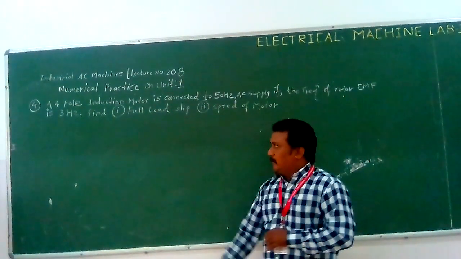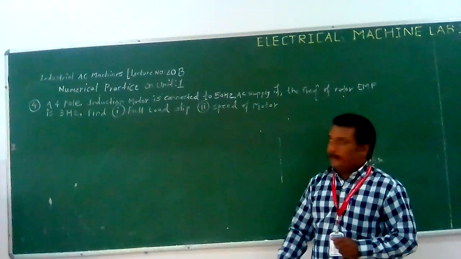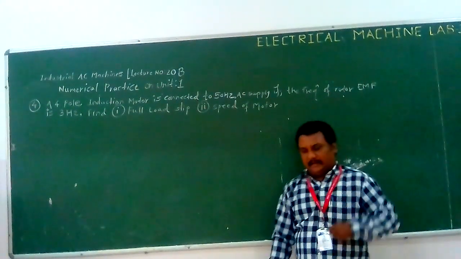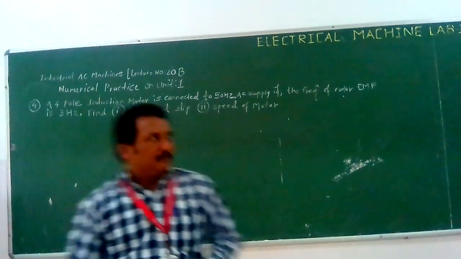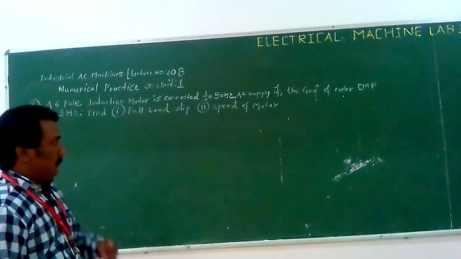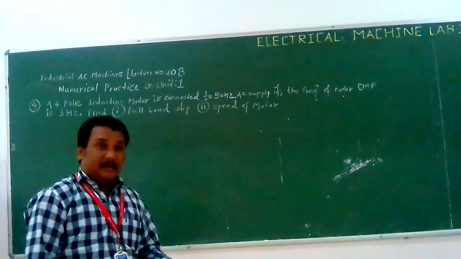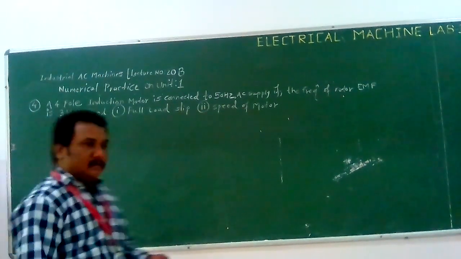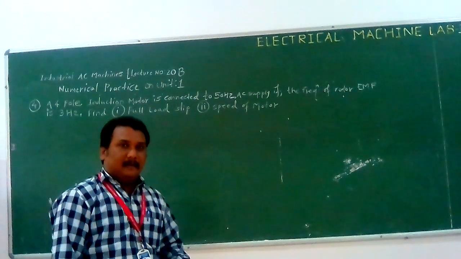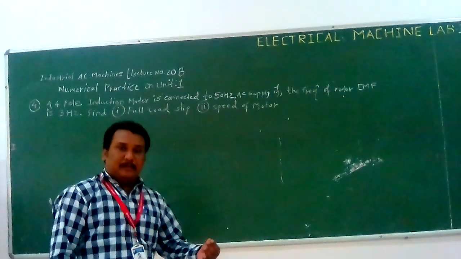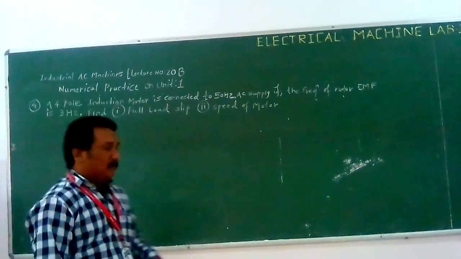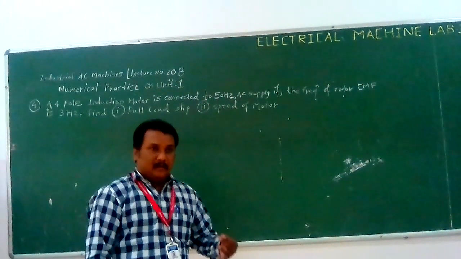Numerical 4: a 4-pole induction motor is connected to a 50 Hz AC supply. If the frequency of the rotor EMF is 3 Hz, then we have to find, first, the full load slip, meaning S, and second, the speed of the motor.